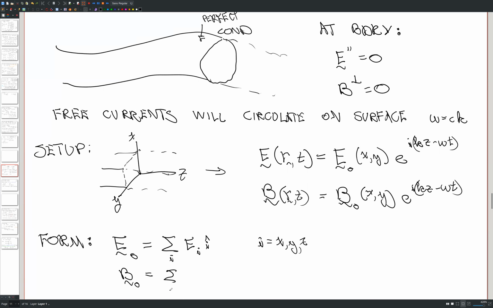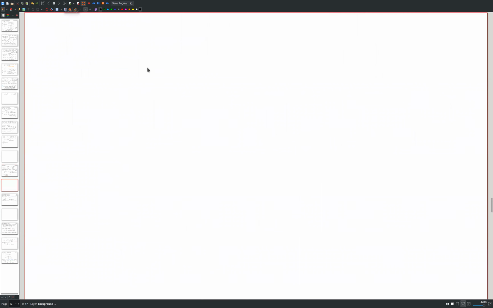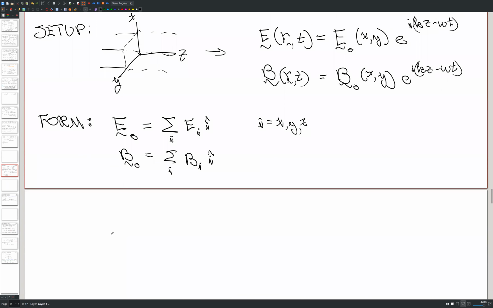This is again just a sum of components in the X, Y, and Z direction, like this. Now we've got this form here, and we can do a direct substitution in Maxwell's equations.